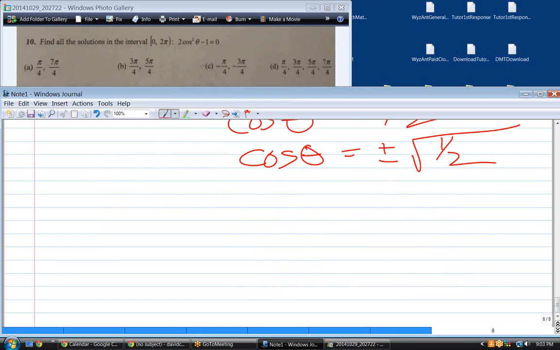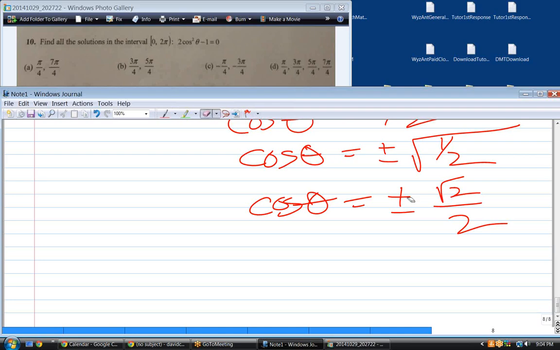So square root of 1/2 is the same as what standard trig function ratio? Square root of 2 over 2. In other words, it's 1 over square root of 2.